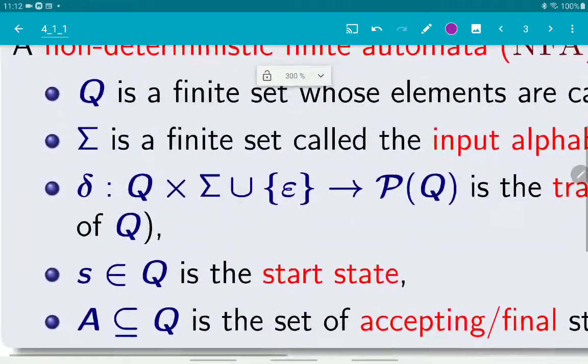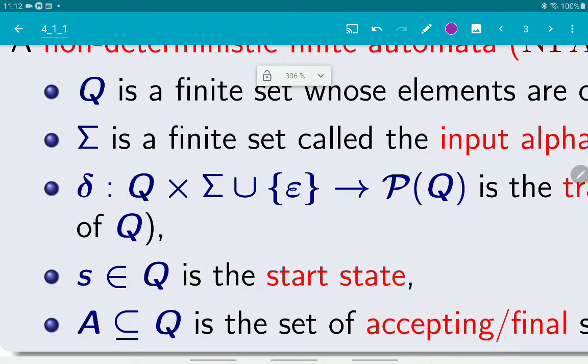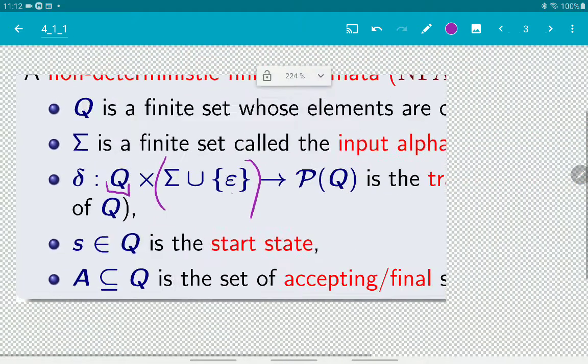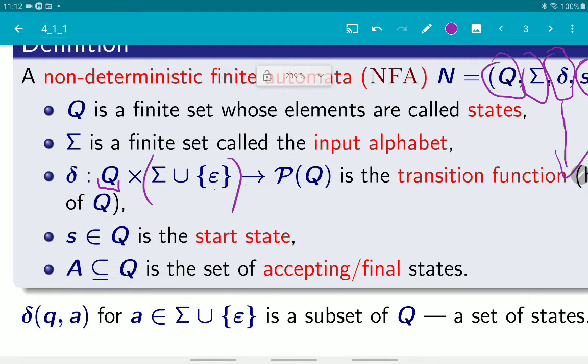So the transition function is now going to be a function from a state, the current state, and the alphabet. In fact, here it's missing a parenthesis, right? Because now it's a state and an input character or an epsilon, because we can have epsilon transitions. And the important thing is that now, because we might have multiple options, the transition might go from this state into a subset of states.